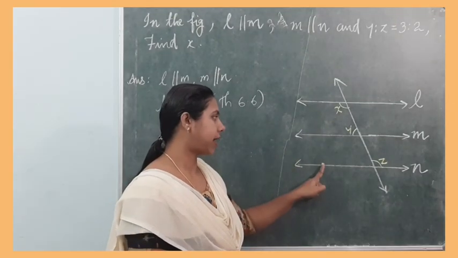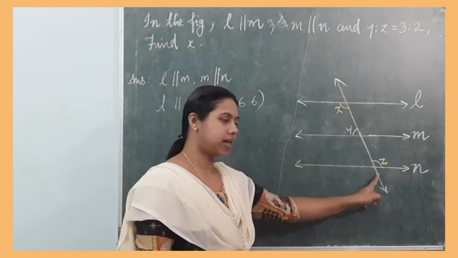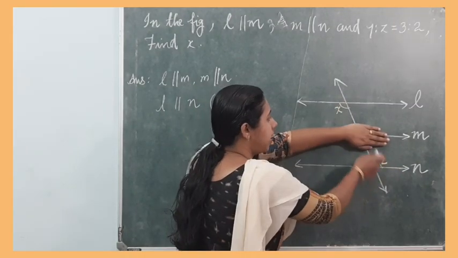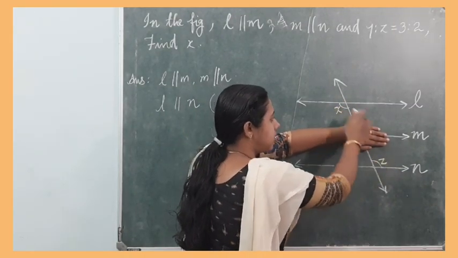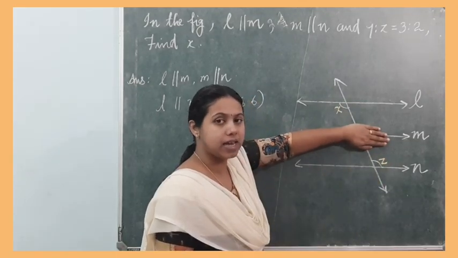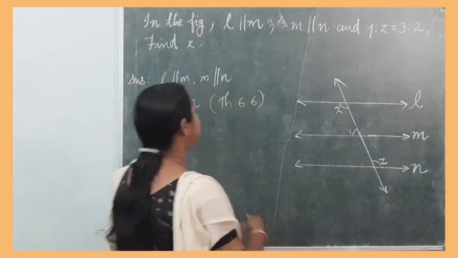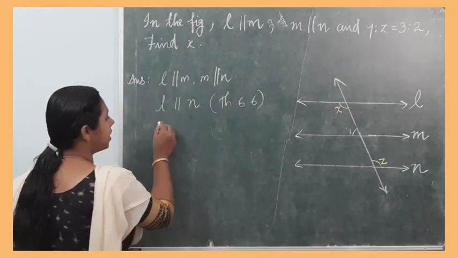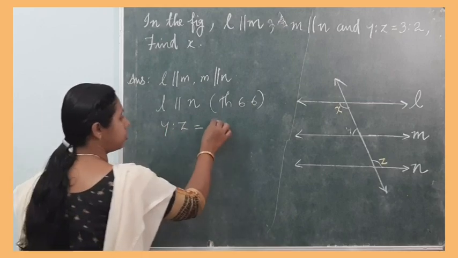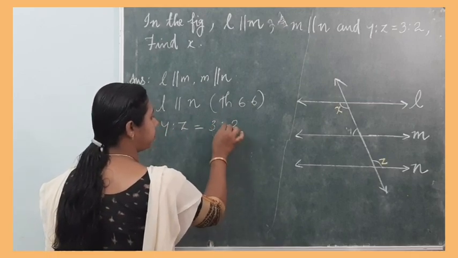So now we got line L is parallel to line N. If these two lines are parallel, then this is a transversal, and angle X and angle Z are alternate interior angles, they are equal. Now it's given that y is to z, the ratio of those two angles, is equal to 3 is to 2.